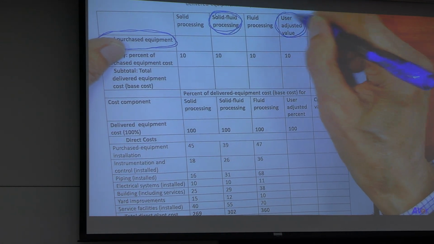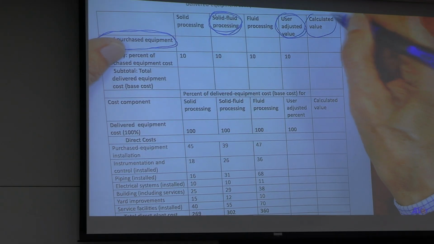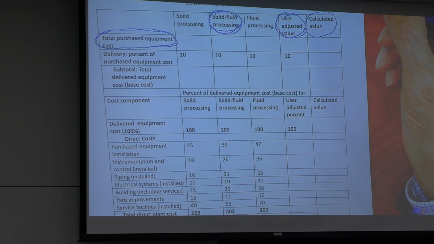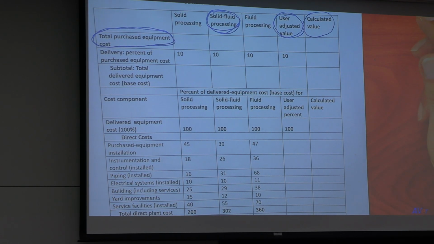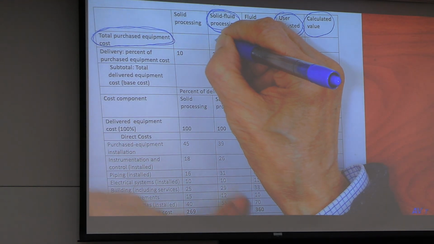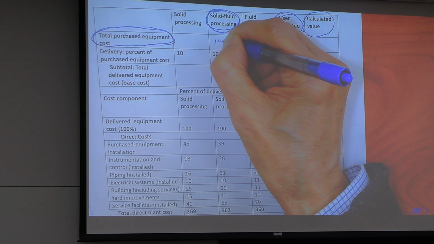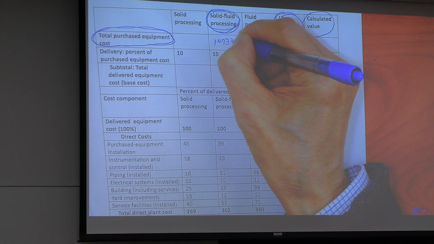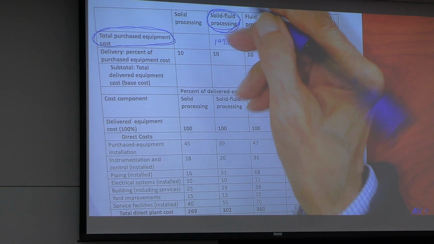User adjusted value, calculated cost. So, purchase equipment cost, suppose this is 1473372.